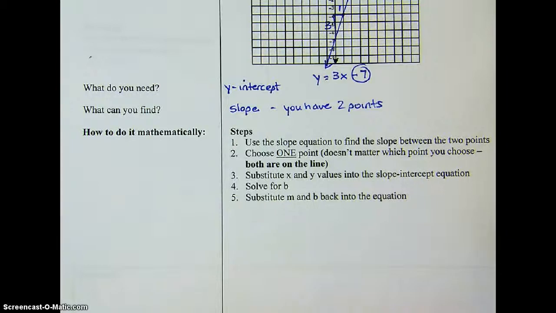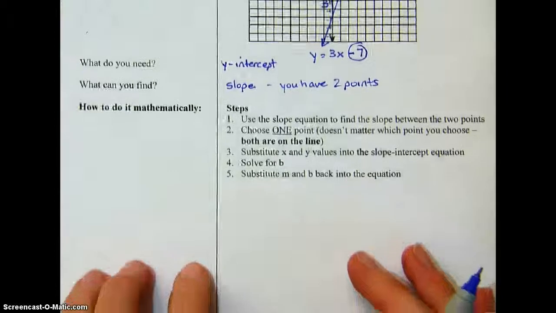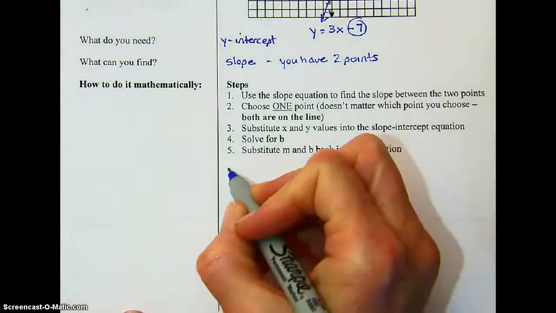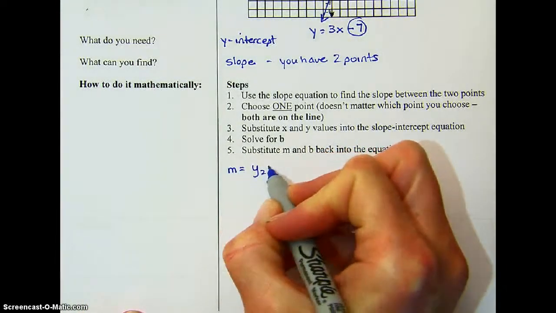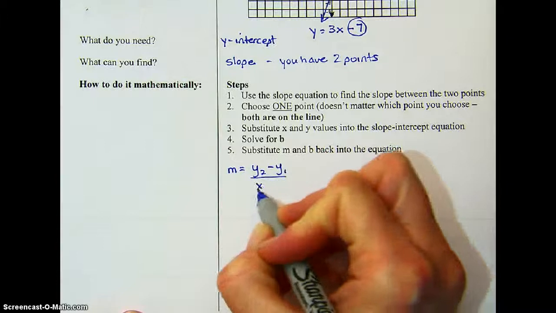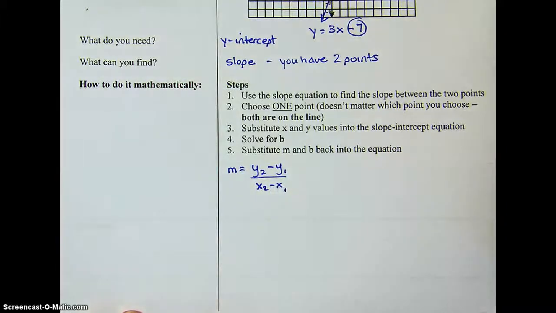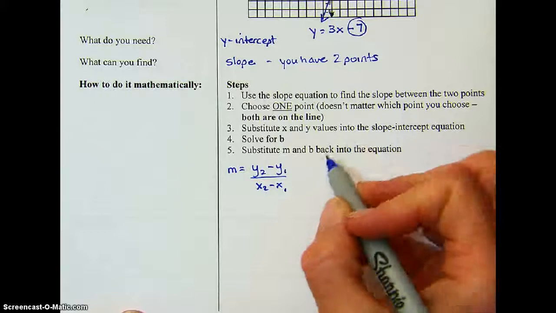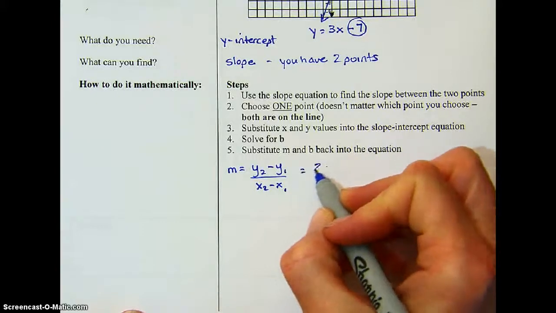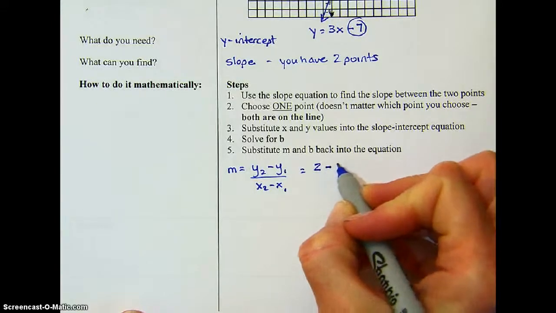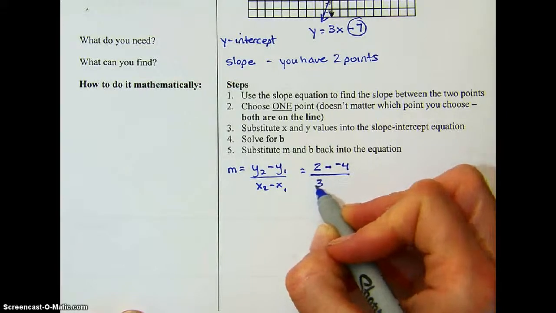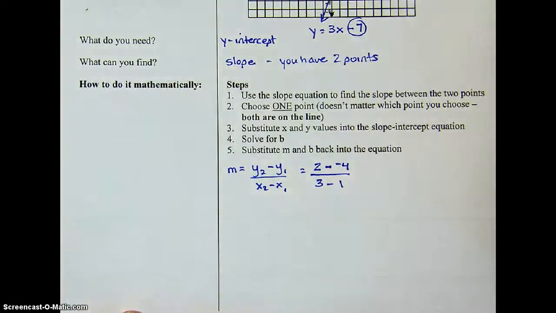So, first thing we're going to do is find the slope. Okay? Alright, so let's come down here and see what the slope is. So we have our 2 points. So our slope equation is y2 minus y1 over x2 minus x1. Alright, and so I'm going to make my second point the y2, so I'm going to give 2 minus -4 over 3 minus 1.